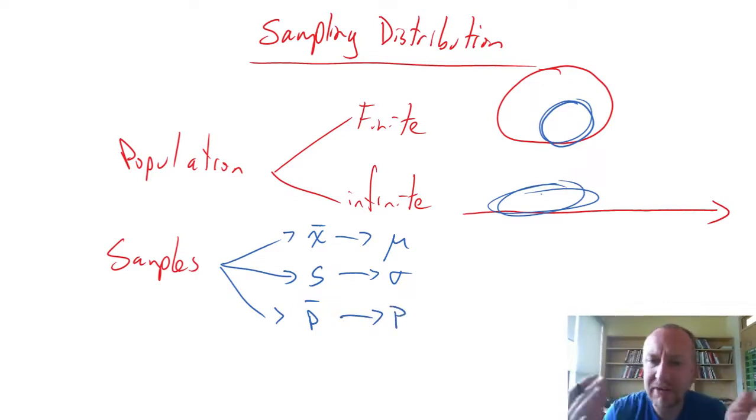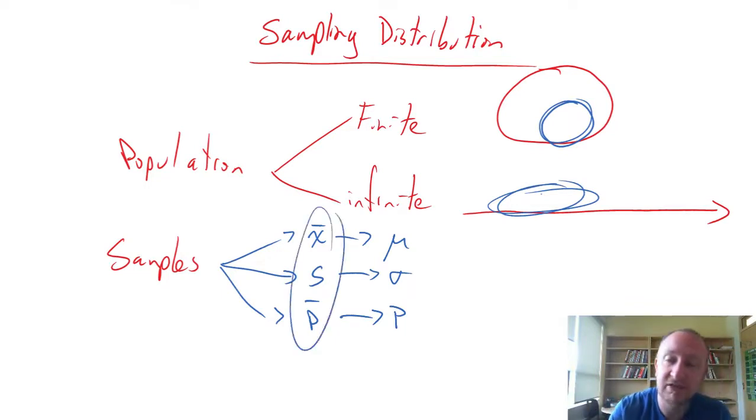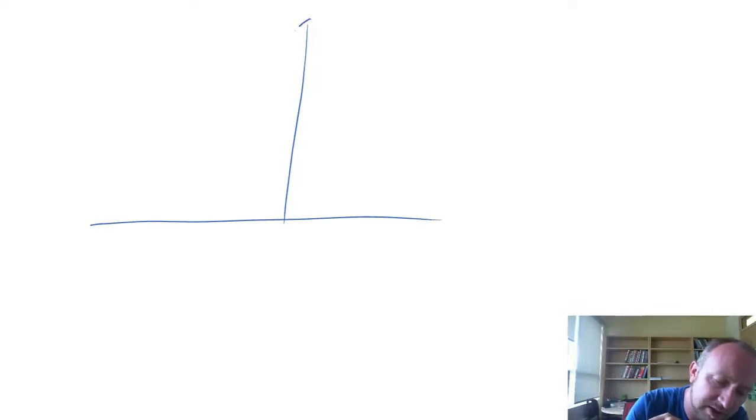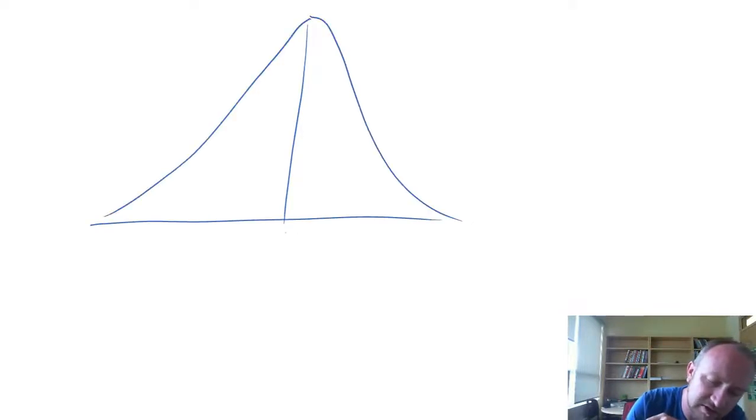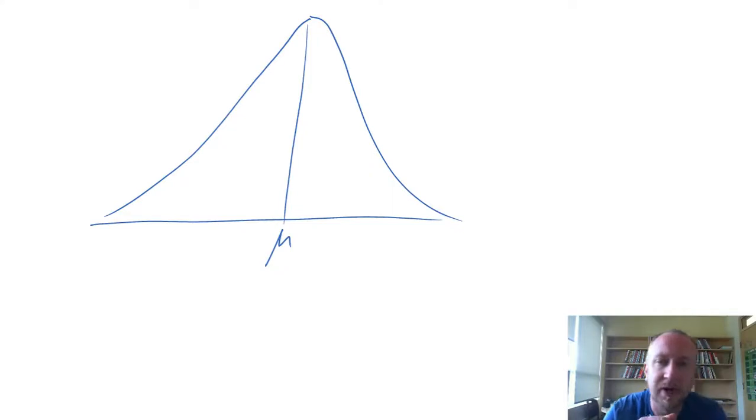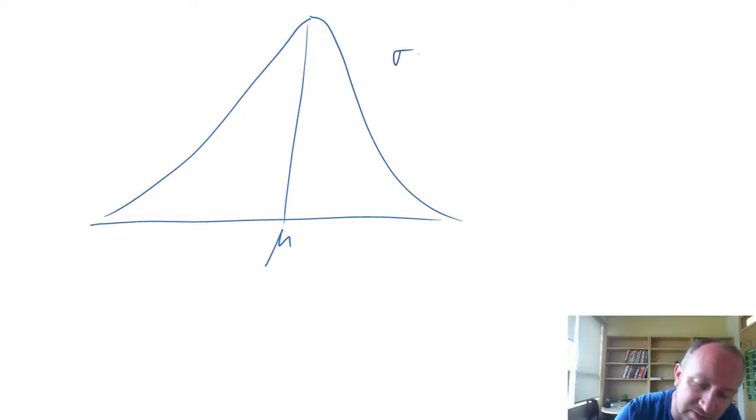So we're going to be looking at how are these particular point estimates distributed within a population. So if we consider, for example, a normal distribution, that bell curve distribution, and it has some population mean mu. Well, we understand now how individual observations exist within that distribution. There's some particular standard deviation.